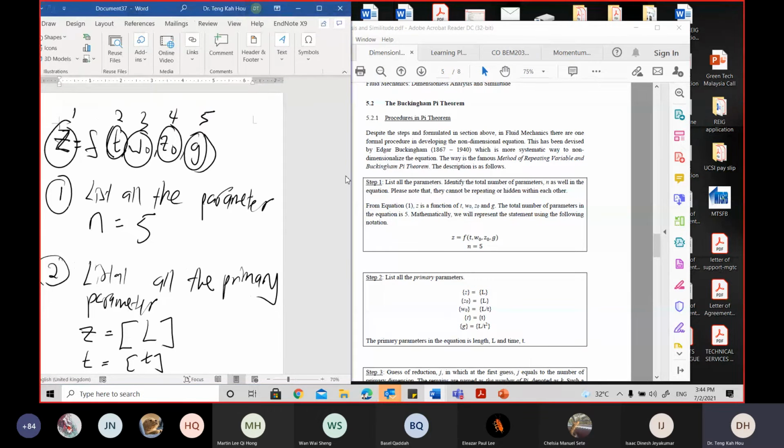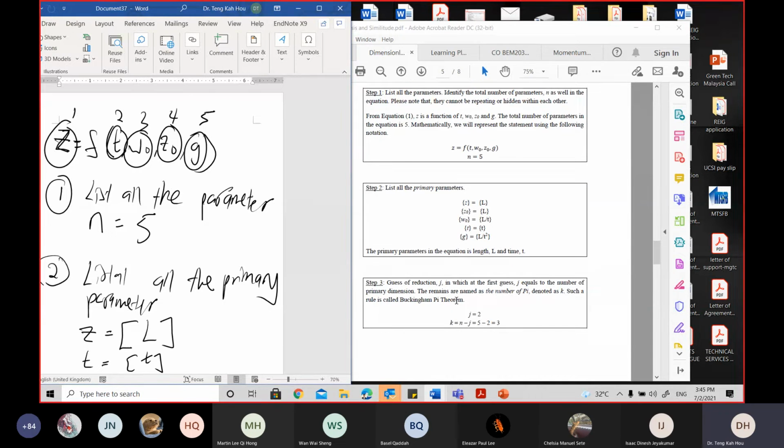From there you check, and in this case you will have only L and T. That means the primary parameters in this equation are only L and T. The others are just repeated. Am I right? So you need to identify that L and T are the repeating parameters in these conditions.